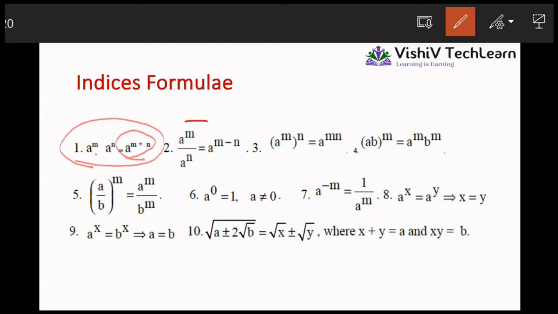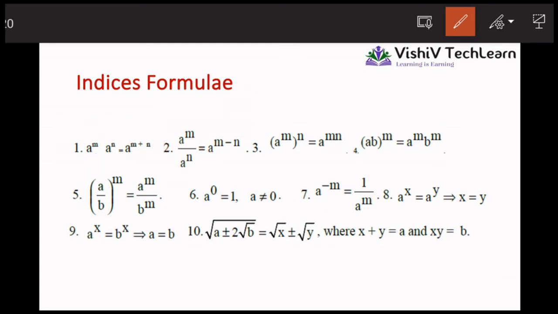If it is divided, for example a raised to m divided by a raised to n, then we need to subtract the indices, giving a raised to m minus n. In case of a raised to m, raised to n, it is multiplication between the indices, and so on.